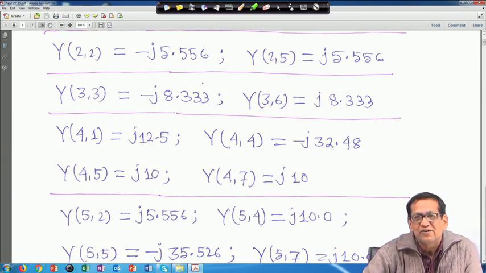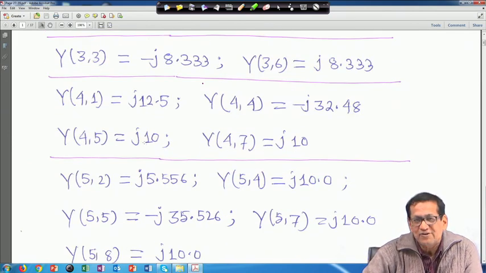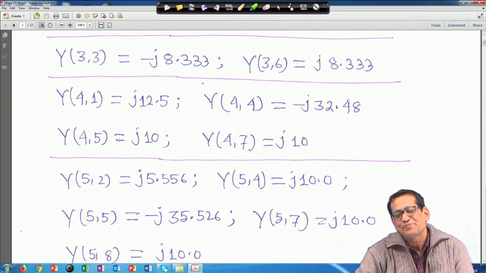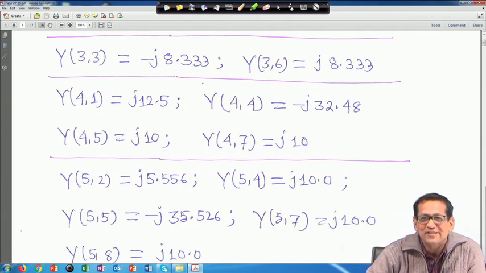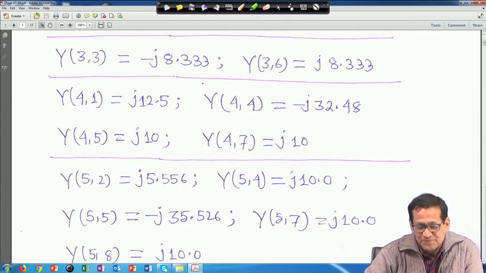I will only request, when you compute it, please see that all calculations are correct. If you find any computation error, just put that question in the forum, and I will rectify that. Y45 will be J10, and Y47 will also be J10.